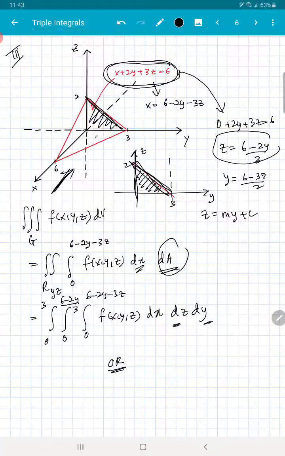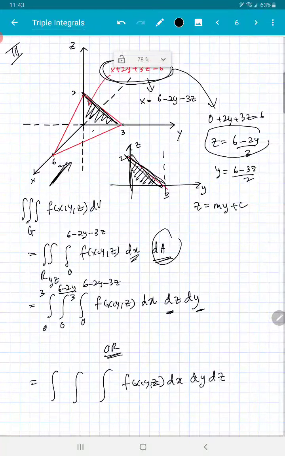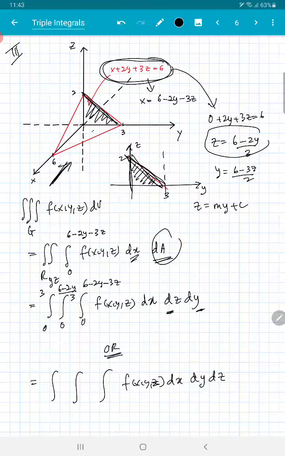Or another way would be f(x,y,z) dx dy dz. If it's dx dy dz, the limits for x are still the same, 0 to 6 minus 2y minus 3z.